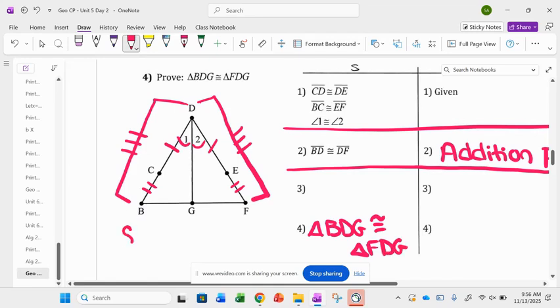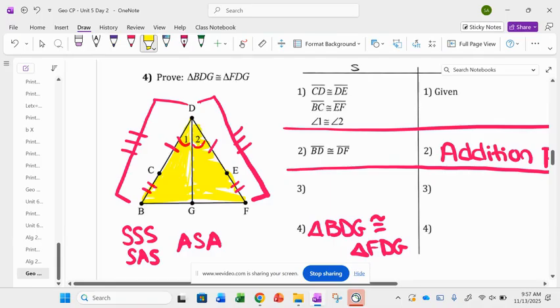And our reasons have to be either side, side, side, side, angle, side, or angle, side, angle. Now, what we have right now, these are the yellow triangles. Through the addition, we got the full side BD congruent to the full side FD.